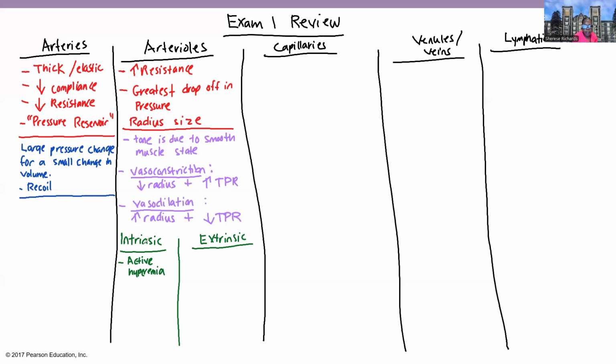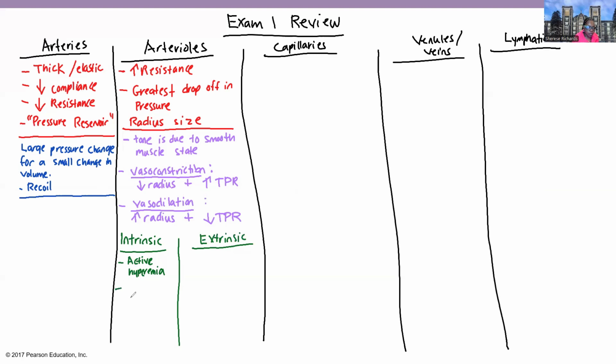But basically, increased metabolic demand to the tissue means that we're going to have more flow, relaxation of the smooth muscle in order to bring more oxygen in and in order to clear more of those metabolites, such as potassium, nitric oxide, or even CO2, so some of those gases as well. So go over this, but active hyperemia in response to increased metabolic demand.